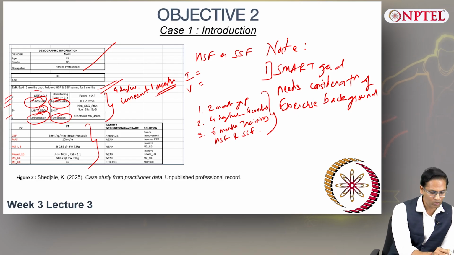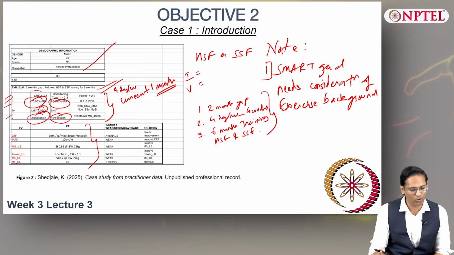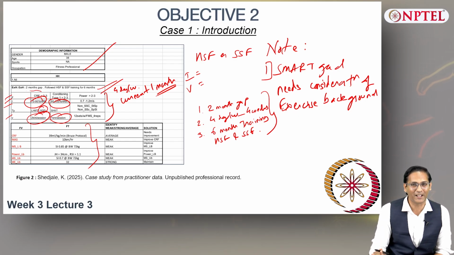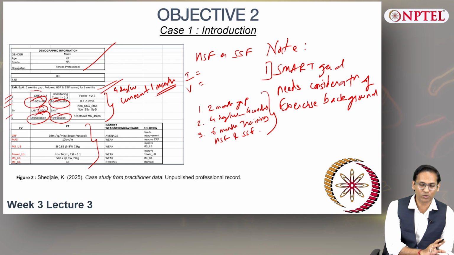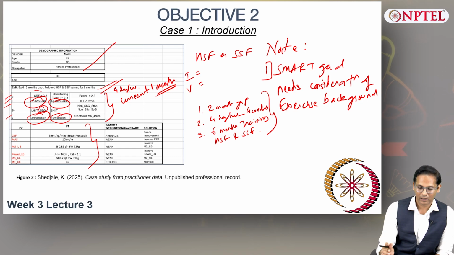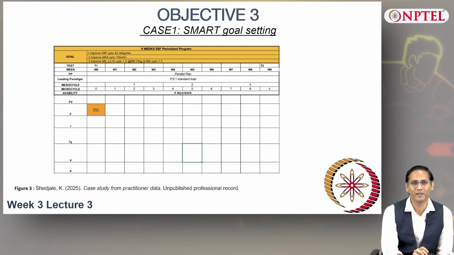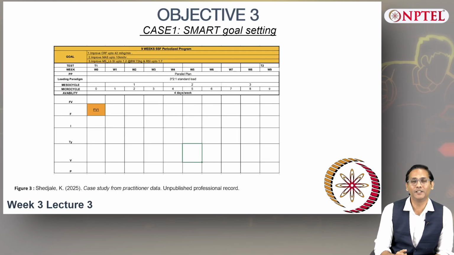I will not go through the other fitness variables because this course emphasizes more on CRF and conditioning. When it comes to CRF and conditioning, it is very clear that aerobic capacity needs to be improved up to 42 ml per kg per minute, and MAS needs to be improved up to 10 km per hour.